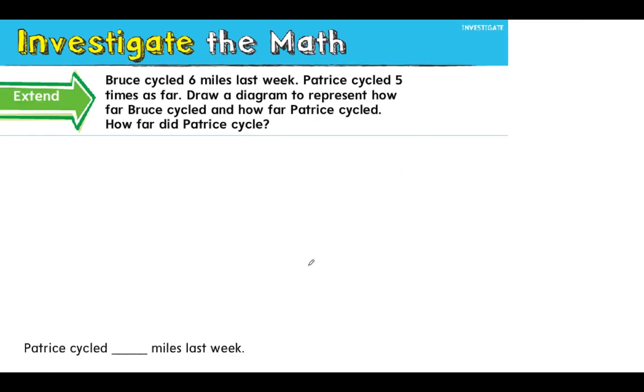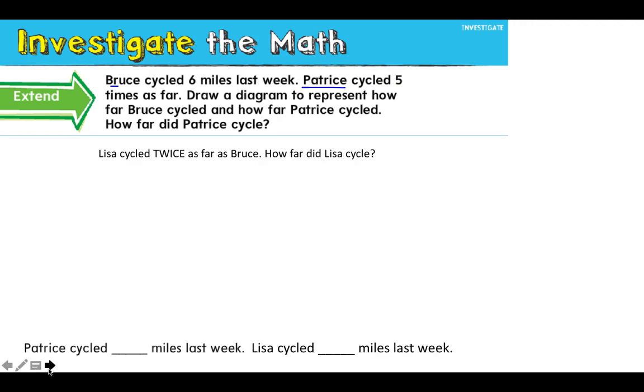So do this one, right? Draw the picture, fill it out, write the sentence. Only this time you're going to use Patrice and Bruce, right? Like Patrice is 5 times as much as Bruce. And then you go through and, oh, here's another one just for extra practice.